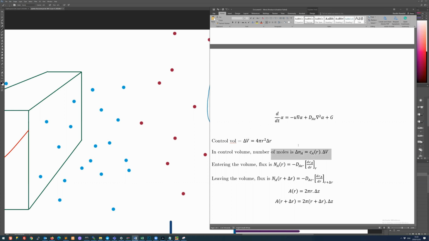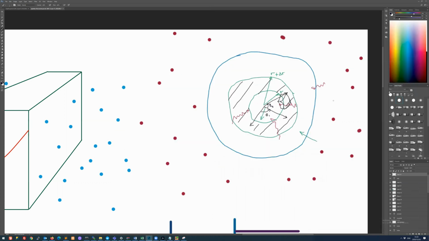And then, of course, we know the number of moles is concentration times that volume. Then your flux, the same fluxes apply. So dCa/dr, and you can specify it at r and at r plus delta r. We've got a certain flux here at r, so that's what's arriving, and then we've got a certain flux here leaving.